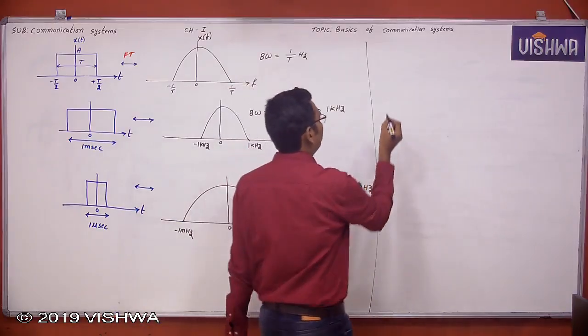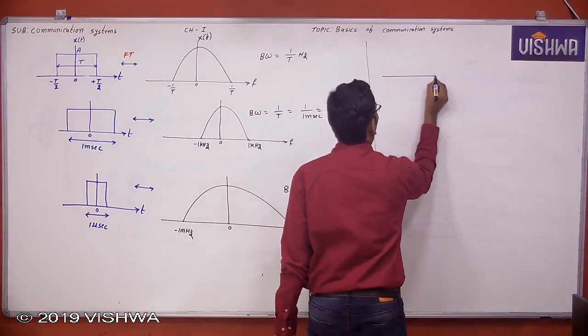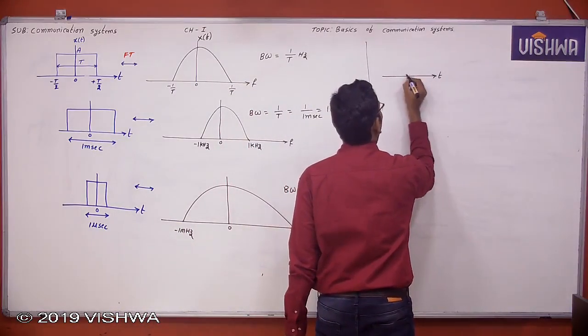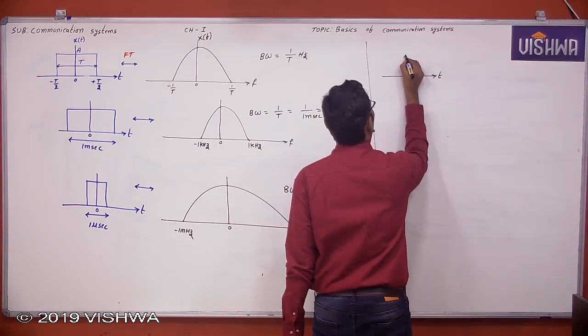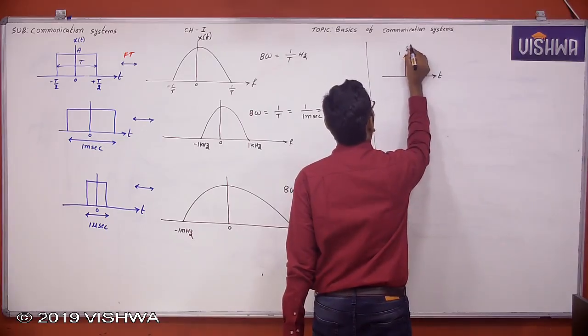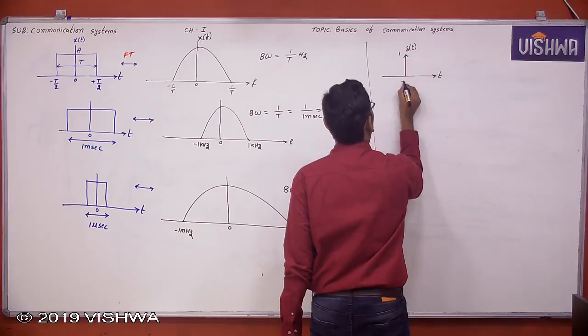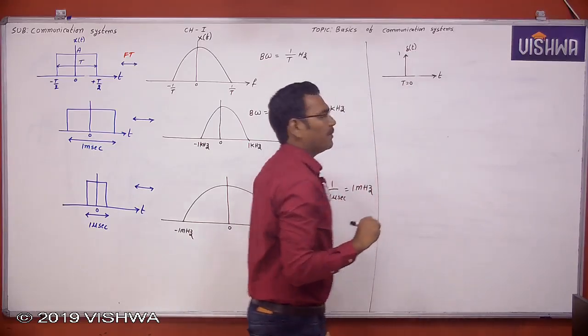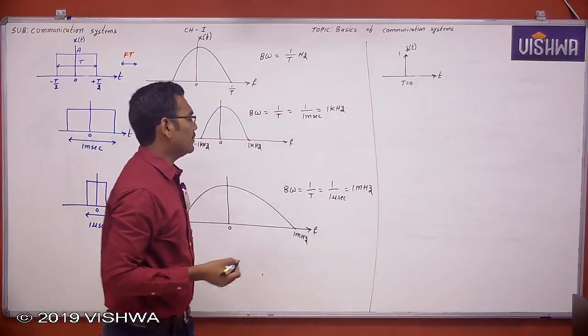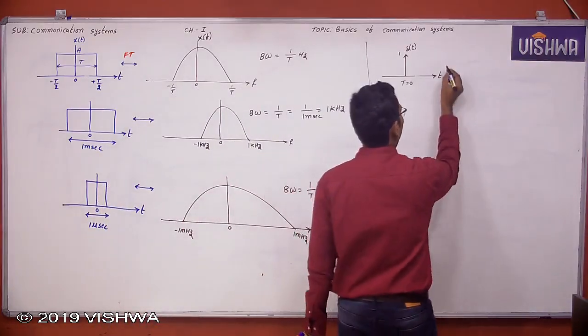Now similarly, now this is an impulse. What is an impulse? An impulse is also a rectangular pulse. An impulse is a rectangular pulse whose pulse width is 0. When pulse width is 0, bandwidth is infinite. 1 by 0, bandwidth is infinite.